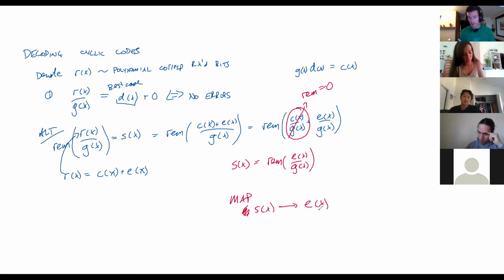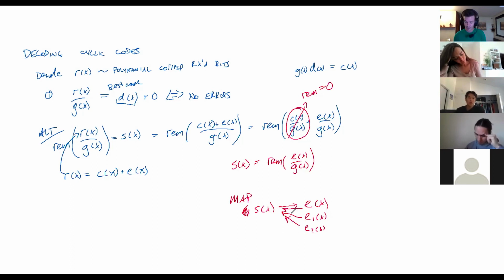Now, I also want to highlight before we go that there are multiple possibilities of different error vectors that can give you the same syndrome. Just like if we had different code words, there are multiple errors that could flip them all into any given received sequence of bits.